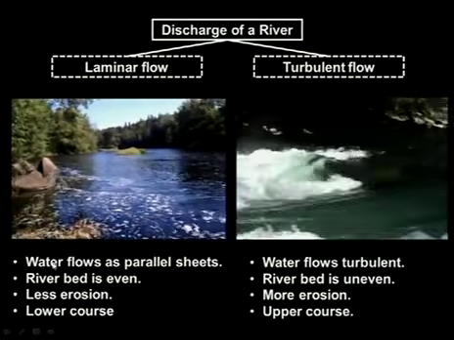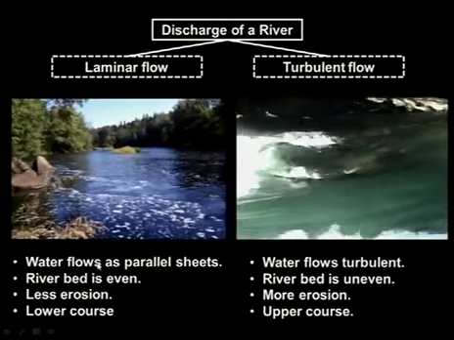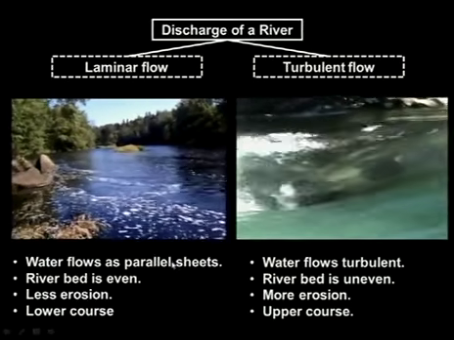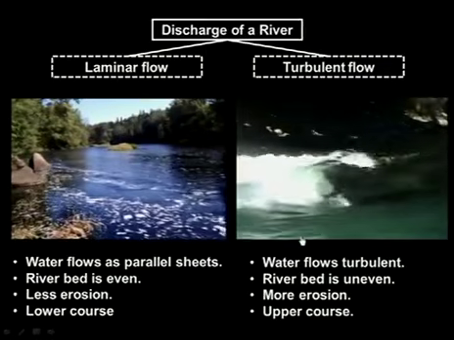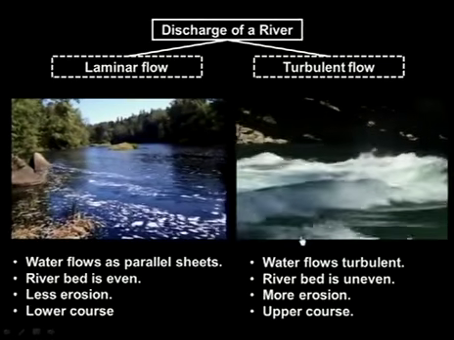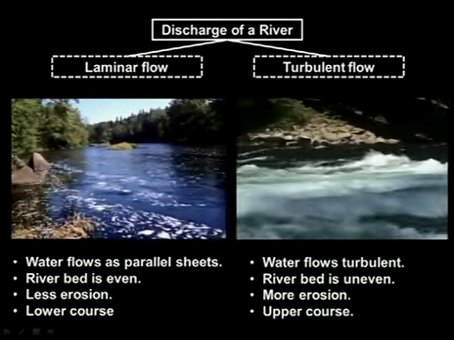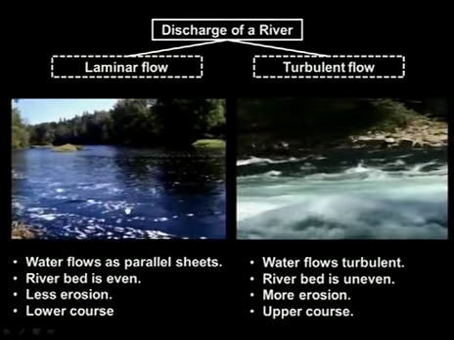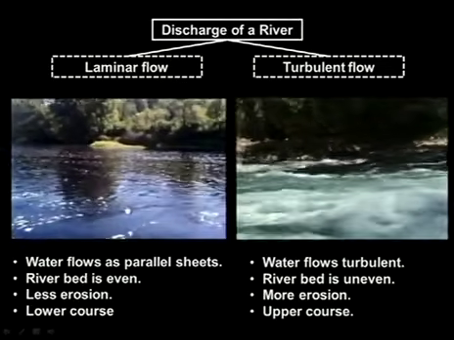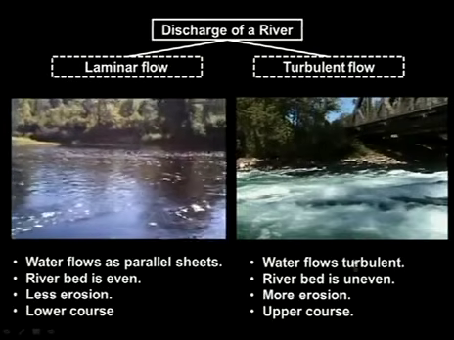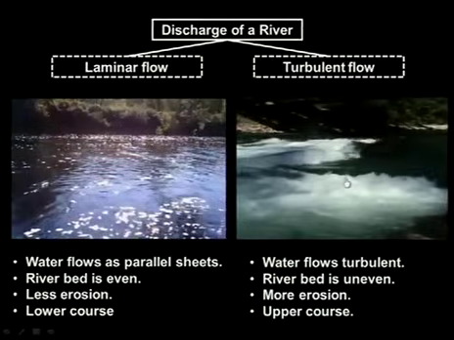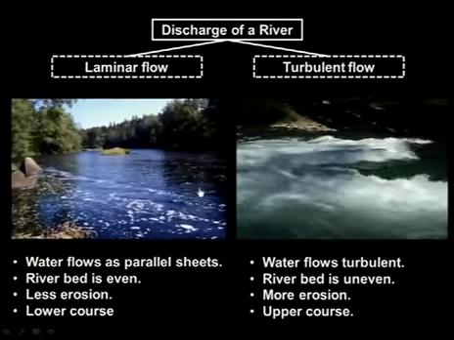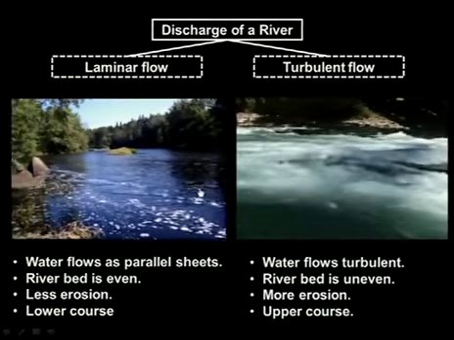Here the waterfalls flow as parallel sheets. Here the water flows turbulent. Here you'll see the river bed is even. That is why the river flows in parallel sheets. Here the river bed at the bottom is uneven, and because it's uneven, you will get this turbulent flow of water all the time.